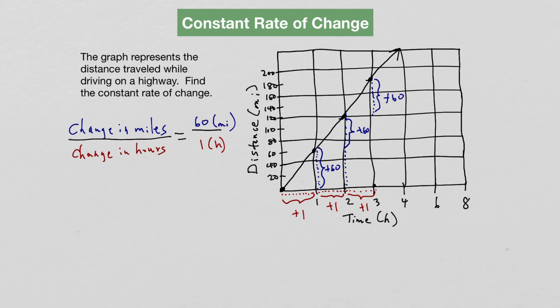Okay, so therefore the answer is 60 miles per 1 hour, or 60 miles per hour. Okay, so that is how you determine constant rate of change by graphing.